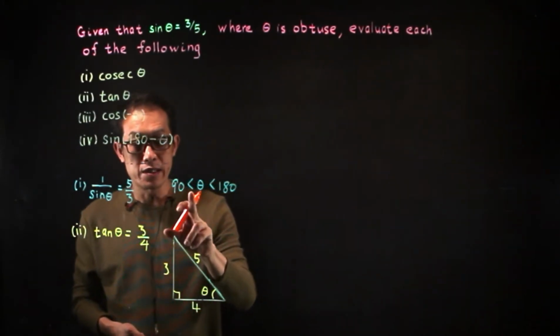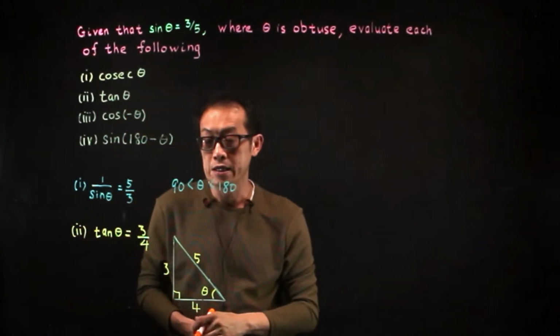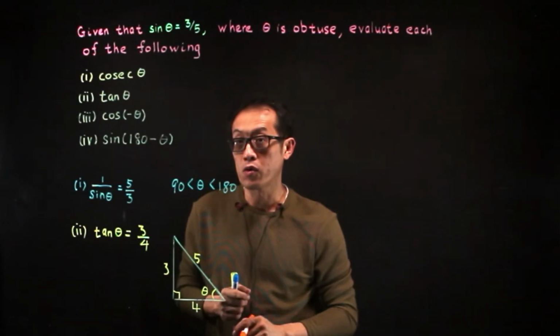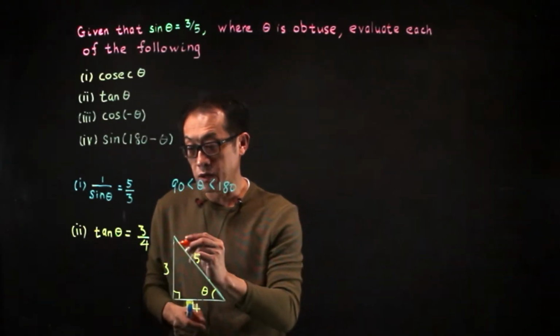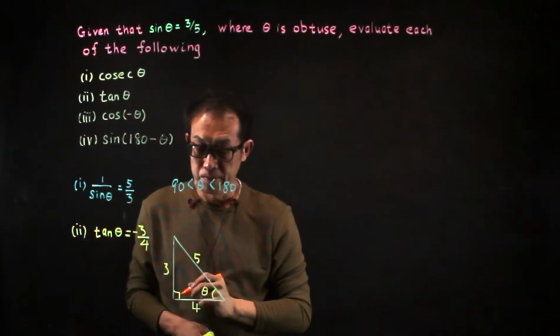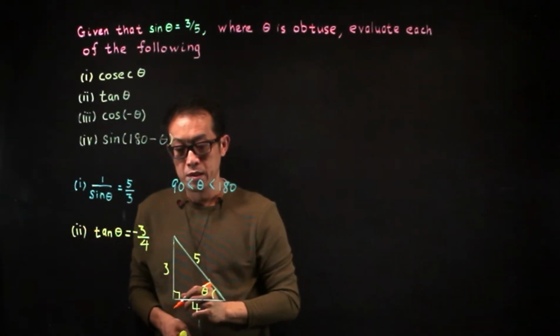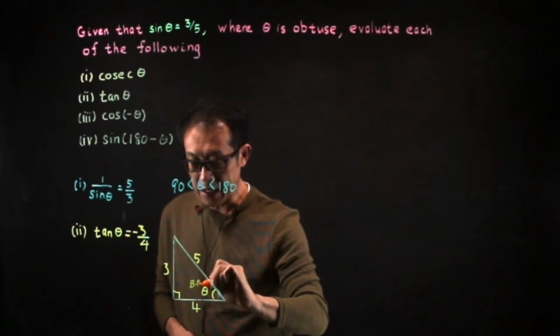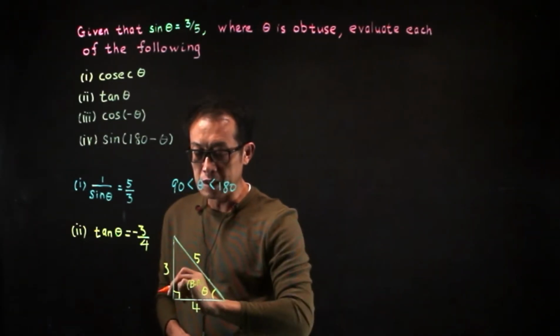Theta is between 90 and 180. So tangent theta is negative in the second quadrant. This angle theta is in the second quadrant, so it must be negative. Okay, maybe I just put basic angle. This is the basic angle of theta.